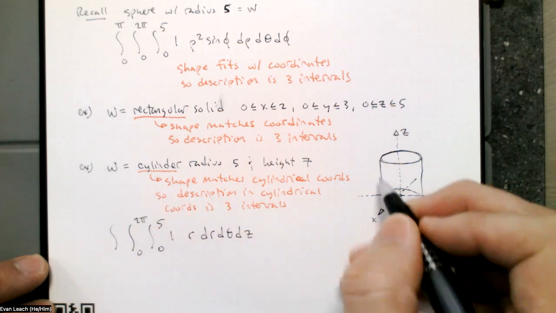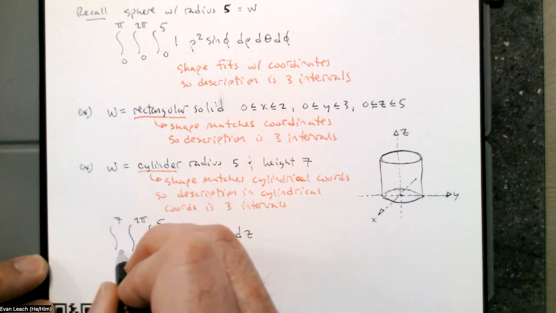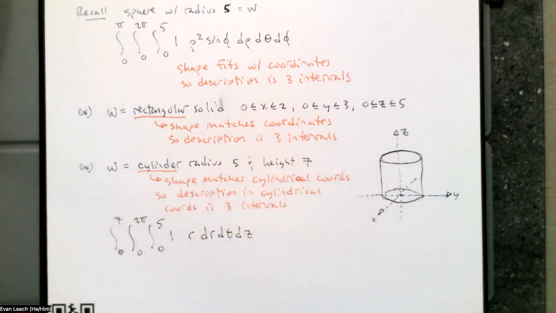And Z will go from the bottom of the cylinder to the top of the cylinder, so from 0 to 7. And because these are just intervals, we can change the order as much as we want. We did write this in cylindrical coordinates, so we have to have that factor of r in our integration.